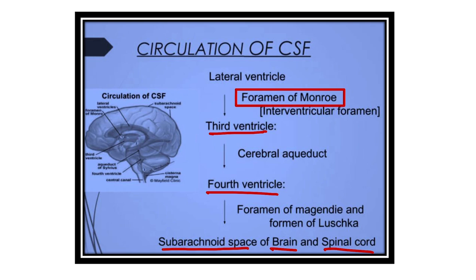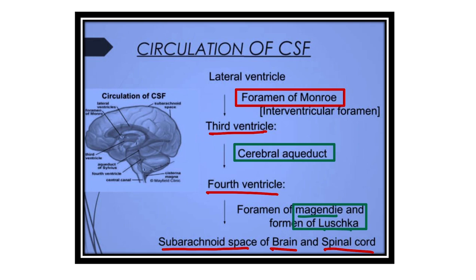So the foramen of Monro is present between the lateral ventricle and third ventricle, and from the third ventricle to the fourth ventricle there is another opening, which is the cerebral aqueduct. And from the fourth ventricle to the subarachnoid space of the brain and spinal cord, the foramina are the foramen of Magendie and foramen of Luschka. Here we can see the foramen of Magendie and foramen of Luschka.